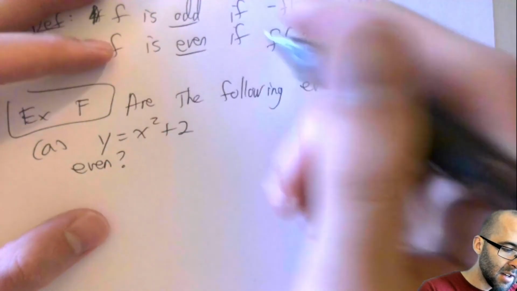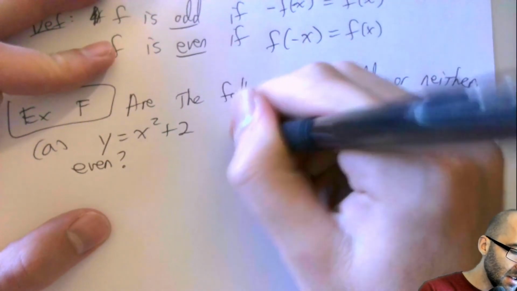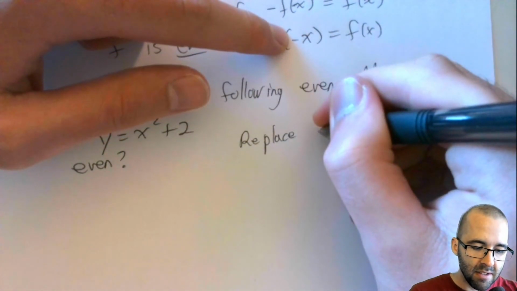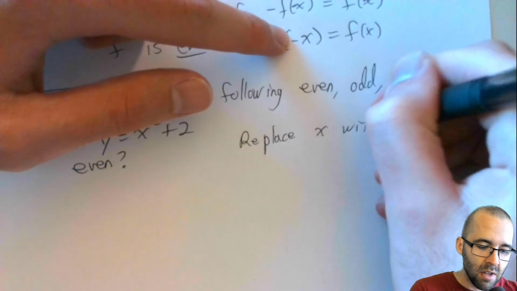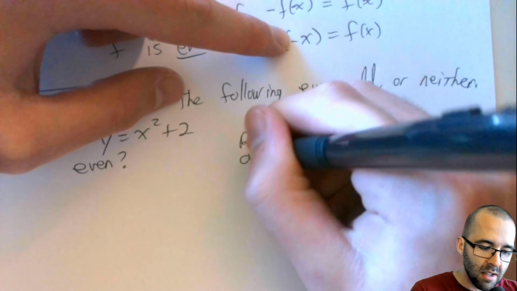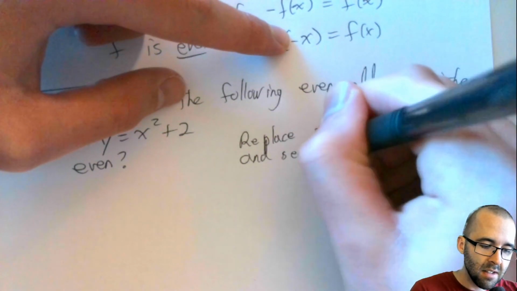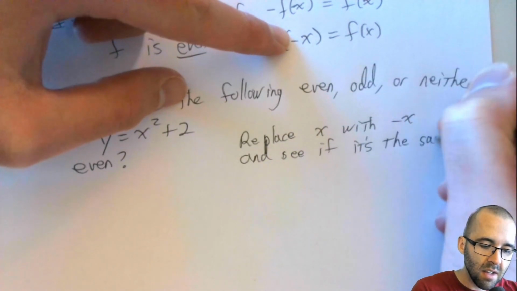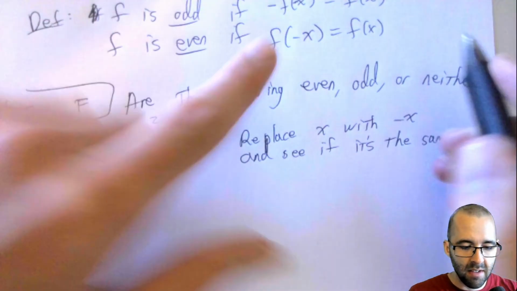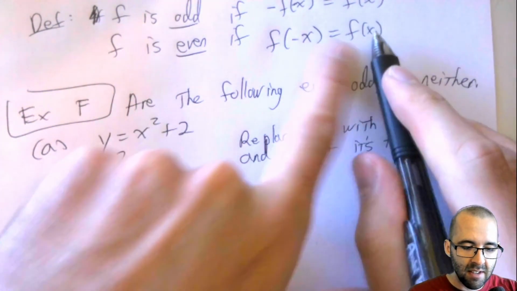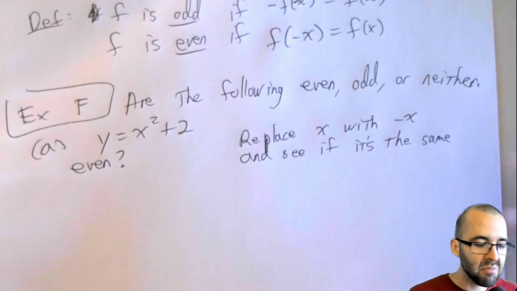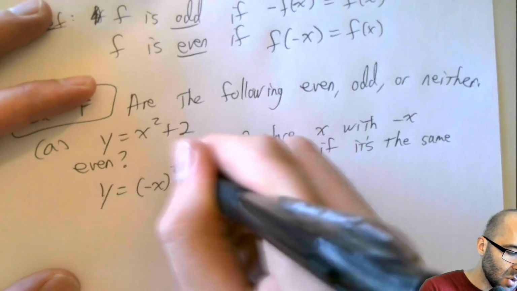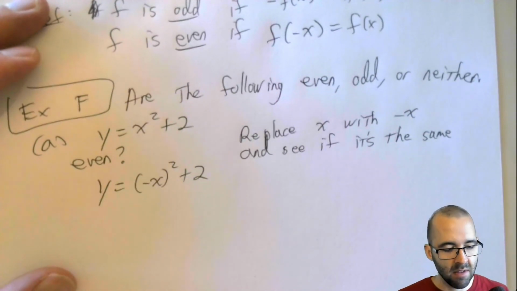What we're going to do is replace x with negative x and see if it's the same. If x and negative x give the same thing, then it's even. That gives us y equals negative x squared plus 2.